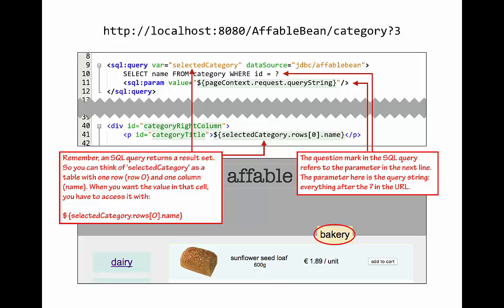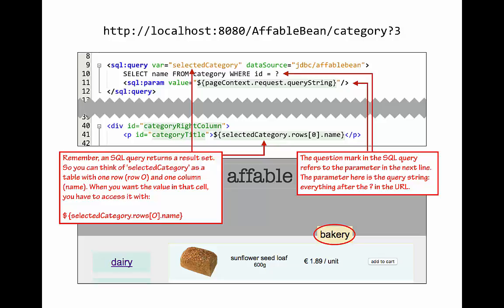But since the query returns a result set, we have to break it apart before we can access our category name. We do this by using the expression $selectedCategory.rows indexed by 0.name. selectedCategory.rows gives us access to the array containing a single row mapping.